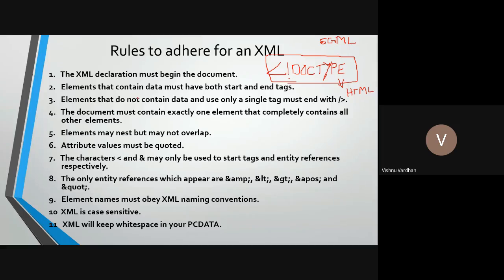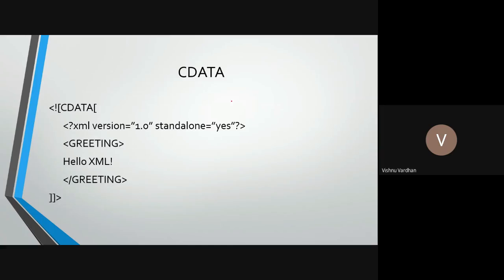Then, elements that contain data must have both start and end tags. These two are pretty much required. Start tag should be there, end tag should also be there. In this example, this is the starting tag and this is the corresponding ending tag. It has to be with the same name.